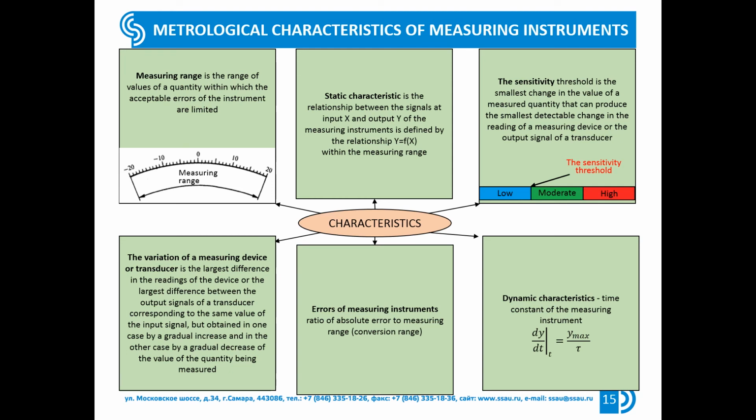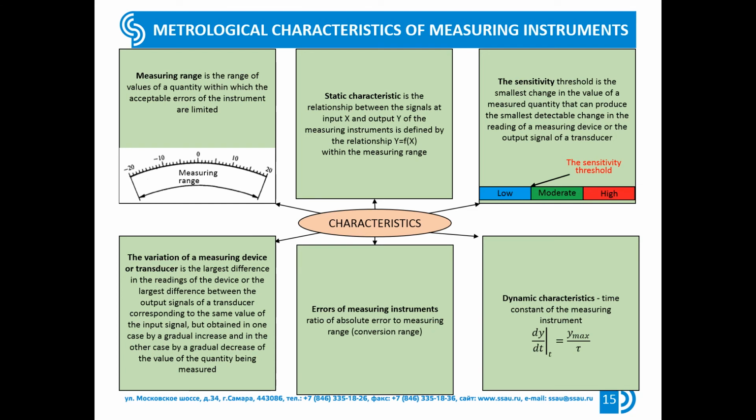Therefore, this dependence is also called the scale equation of the instrument. The sensitivity of a measuring instrument is the value S determined by the ratio S = lim (Δx→0) Δy/Δx = dy/dx.